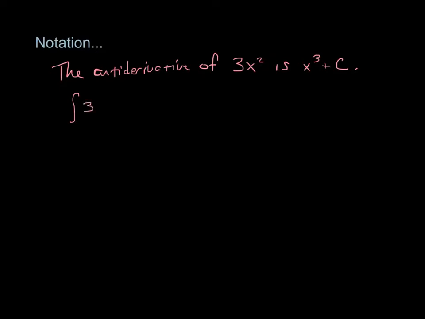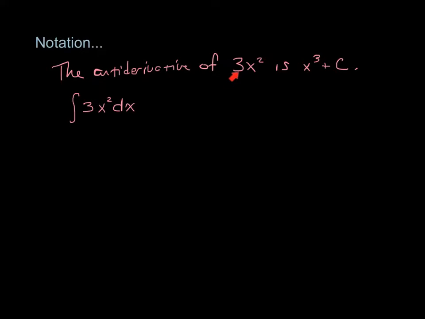So how do we notate the antiderivative? Well, let's write this out. We're going to say that the antiderivative of 3x squared is x cubed plus any constant c. The way we write that in symbols is we use this kind of elongated S, and we sandwich our function.